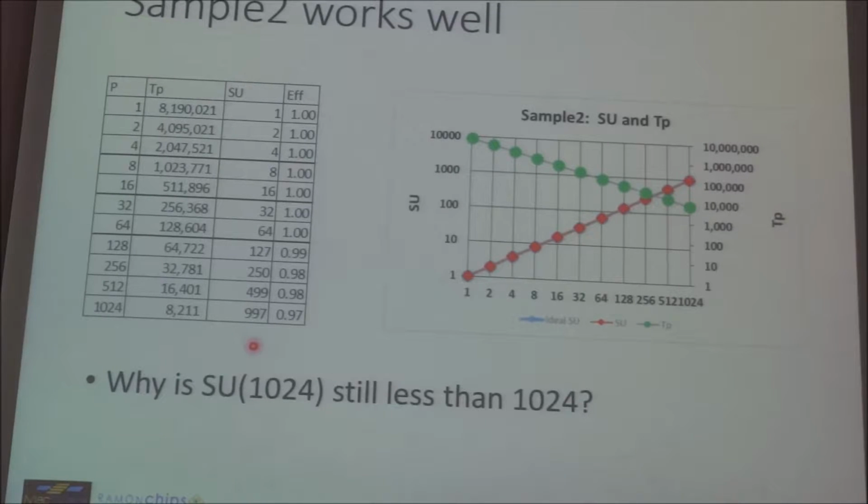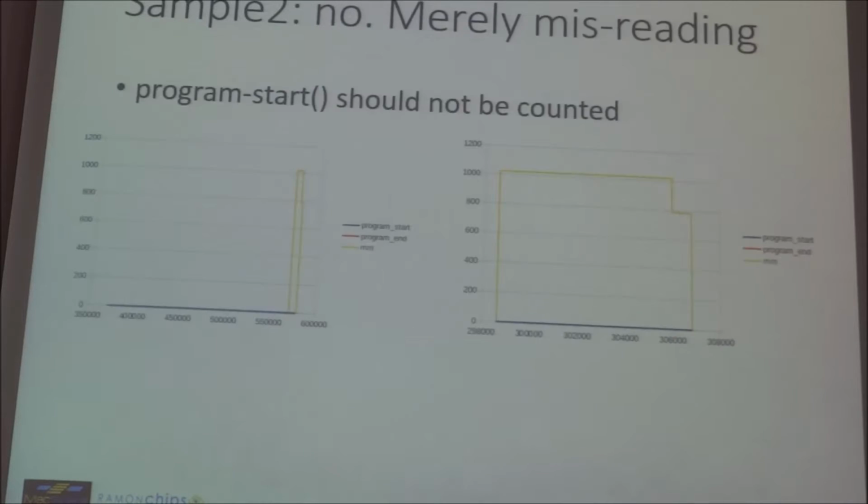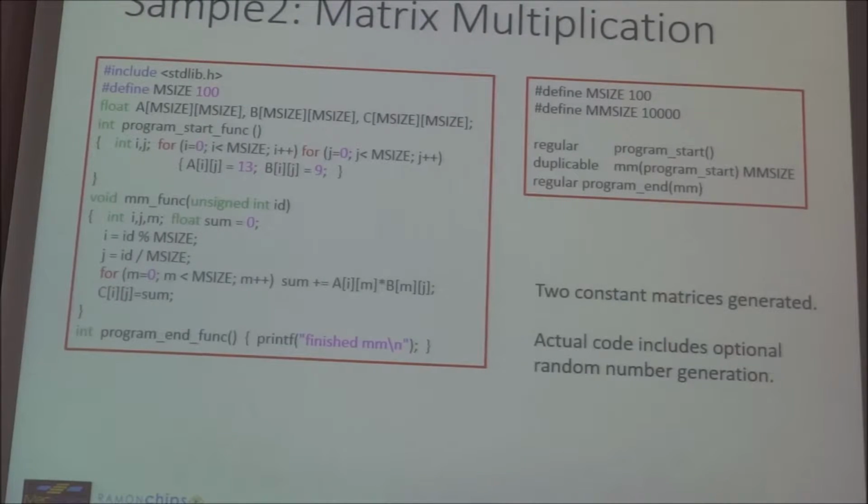It becomes more and more clear in the next example, which is sample 3. Same matrix multiplication, but now we want to do better. So what happened in the previous one, I'm going back to the original text of sample 2, matrix multiplication. The task was extremely simple.